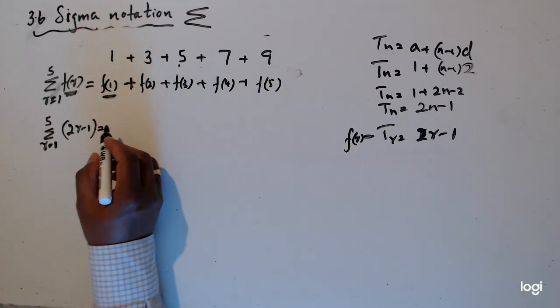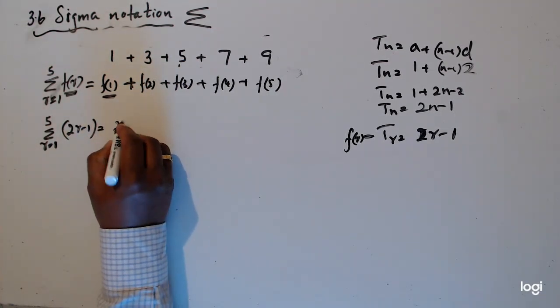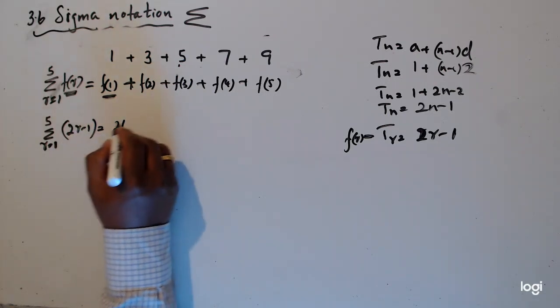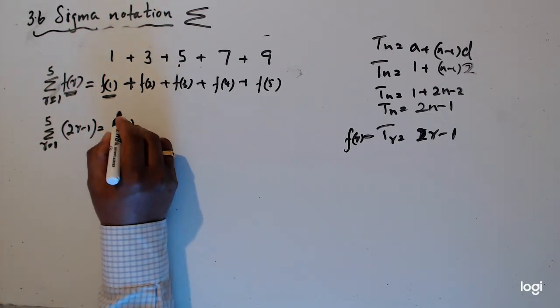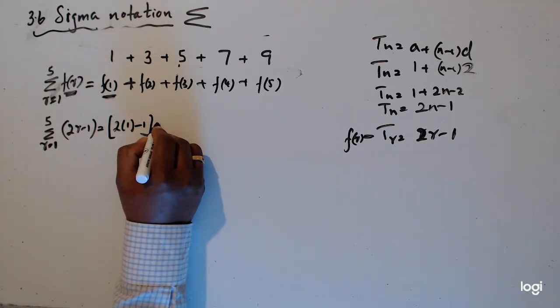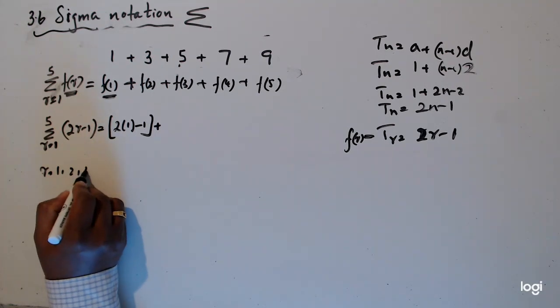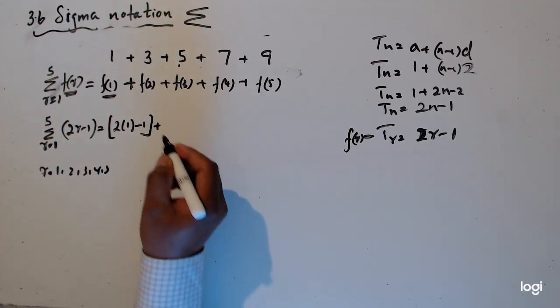F1 means when r value equal 1, 2 times 1 minus 1, because r goes 1 to 5, 1, 2, 3, 4, 5.